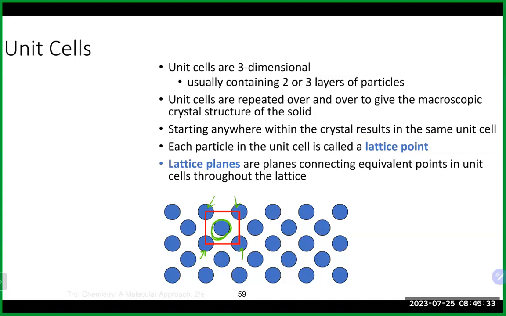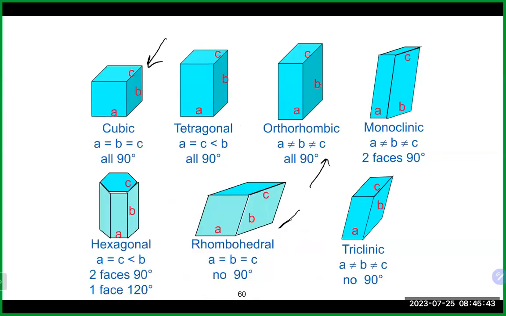With any type of unit cell, if you choose it correctly, you can use it to really rebuild the entire three-dimensional structure of that solid, of how they come together. There are different types of unit cells: cubic, tetragonal, and so forth. We will be focusing on just basic cubic unit cells, where there's 90 degrees on all sides.